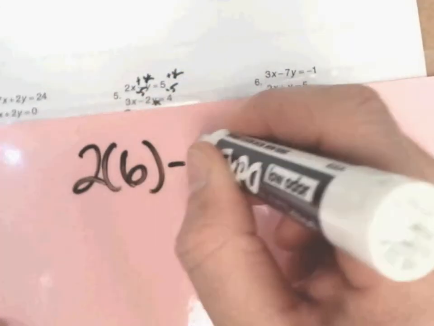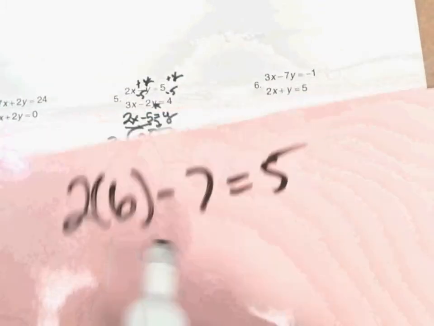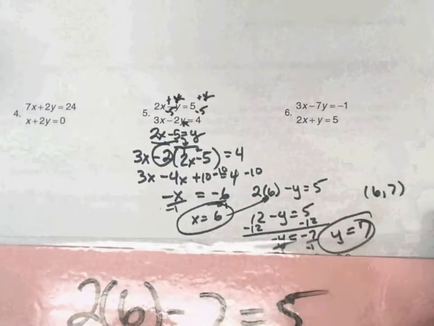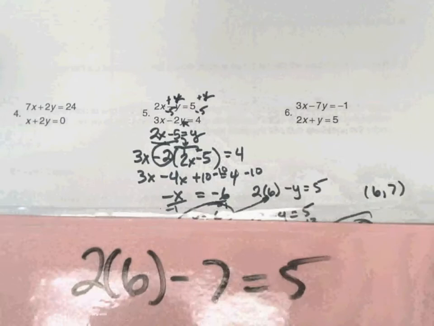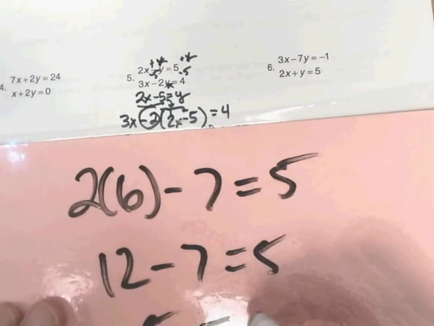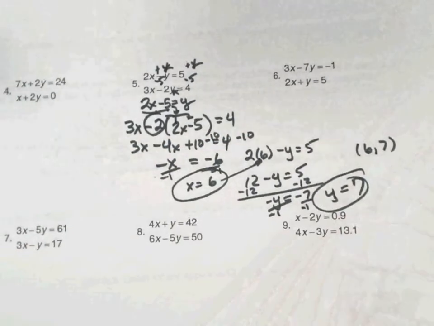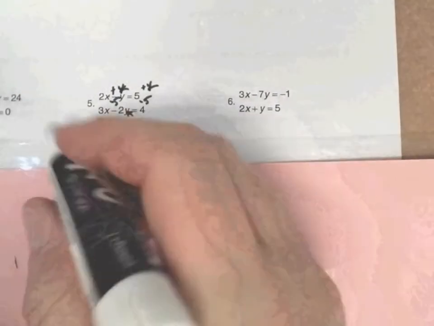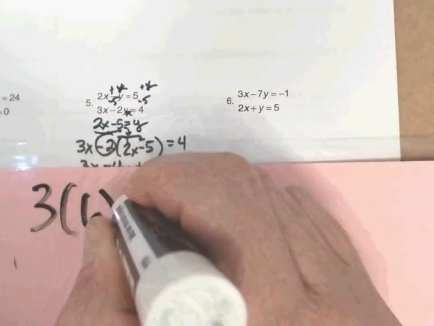So it'll be 2 times 6 minus 7 equals 5. That's just substituting the x and the y into this equation. 12 minus 7 equals 5. 5 equals 5. Perfect.